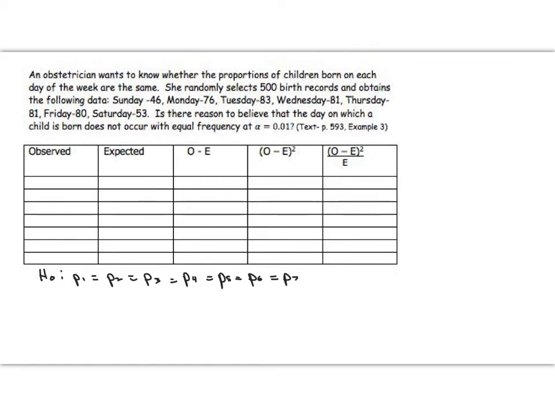And then our alternate hypothesis would just simply be that at least one of our proportions is different. Because if at least one is different, then that breaks our null hypothesis. And we could say that this equals 1 over 7, or 0.1429 if we want to put it into decimal.